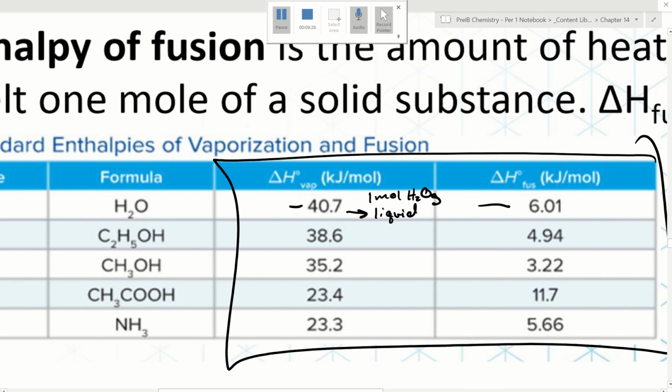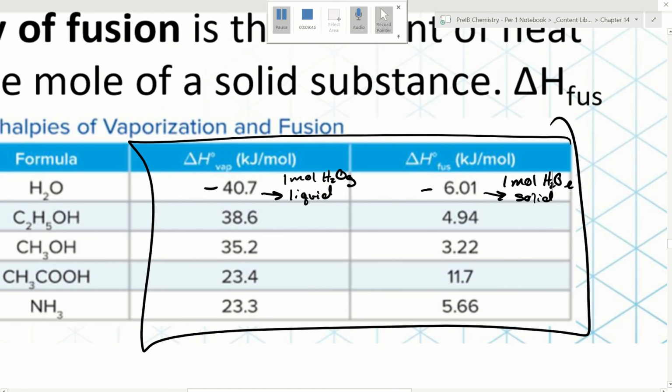If I had 1 mole of water as a liquid, then it would take negative 6.01 kilojoules per mole to turn it back into a solid. So if we make these negative, then it's the reverse process. But as they're written as positive values, this is going from liquid to a gas, and this one is going from solid to a liquid. If I make them negative, then the arrows would go back the other way.